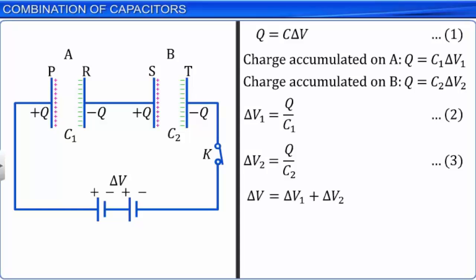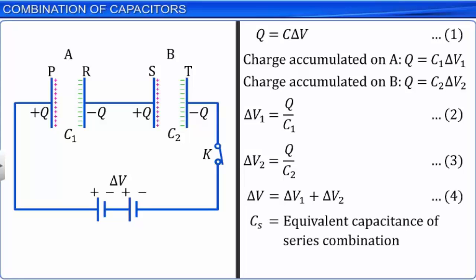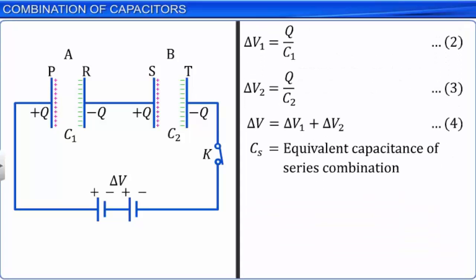Let this be equation 4. Let Cs be the equivalent capacitance of the series combination of the capacitors. Then, we have charge Q is equal to Cs delta V. From this expression, we get delta V is equal to Q by Cs. Let this be equation 5.